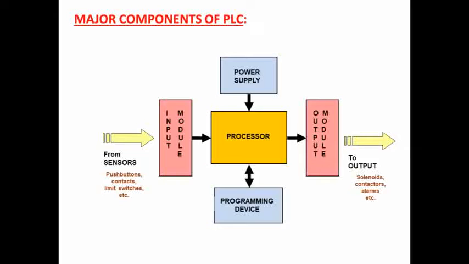The first block is the line conditioner. It removes any distortion in the sine wave available at its input. The second block is the rectifier, which converts AC to DC. Basically, the rectifier is required to convert the available AC value to the required DC.